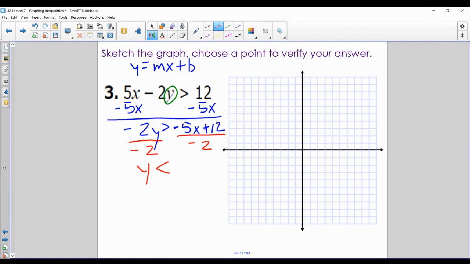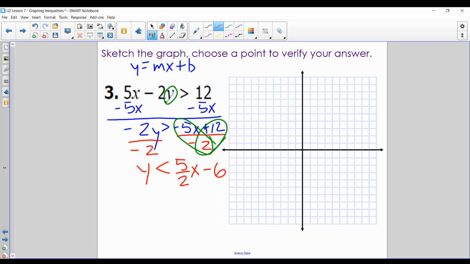So I'm going to have y, and then remember we have to divide both these terms by -2. So negative 5 divided by negative 2 becomes positive, and that's my slope. 12 divided by negative 2 becomes negative 6.